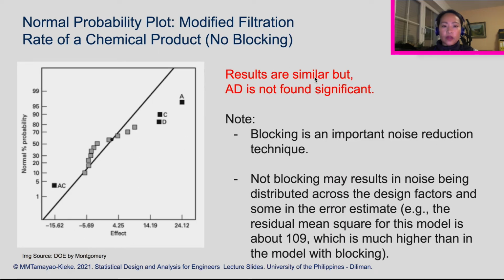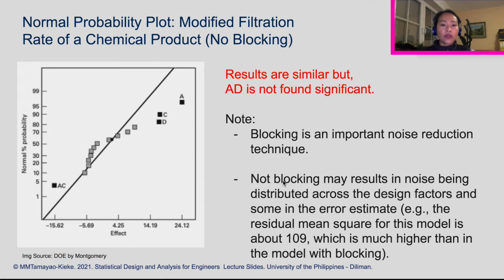The results would actually be similar, but AD will not be found significant. And we know that the finding that AD is significant was actually key in answering the original problem in this example. So because blocking was not performed, that important finding was not found in this experiment.